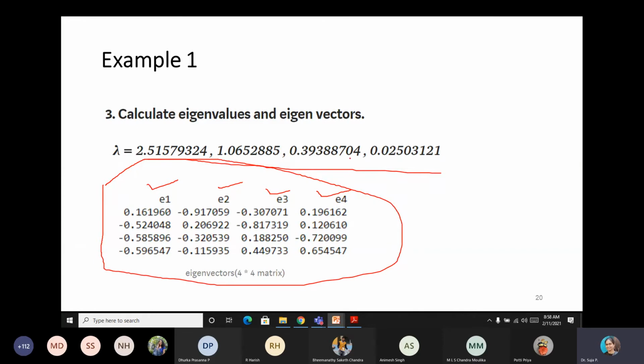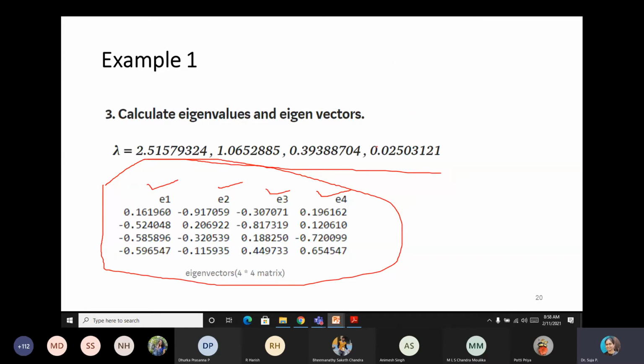Suppose this is in a different order, then it has to be sorted in descending order, and we have to pick only the top eigenvalues, which contribute more. So how do we find which eigenvalue is contributing more, or whose percentage contribution is more? That is a simple formula.